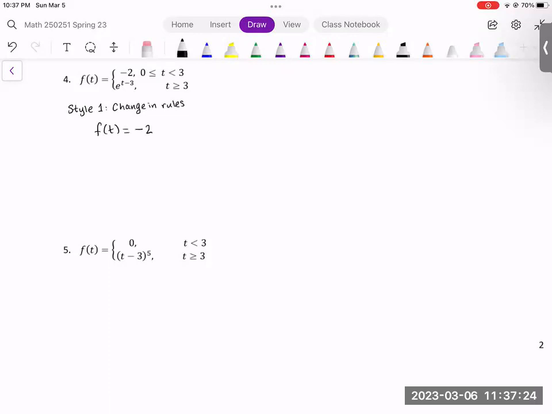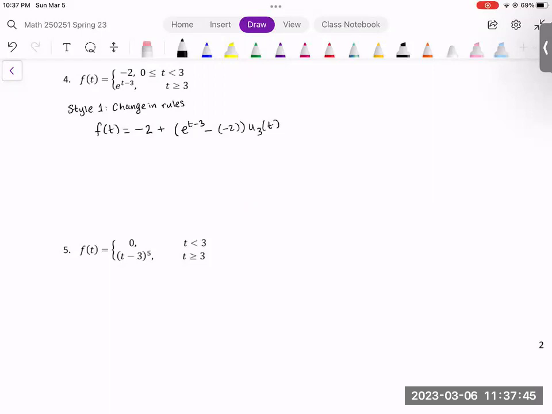It starts out at the value -2. And then what we do is we look at the change, we do our new rule minus our old rule. And this needs to happen at time 3.